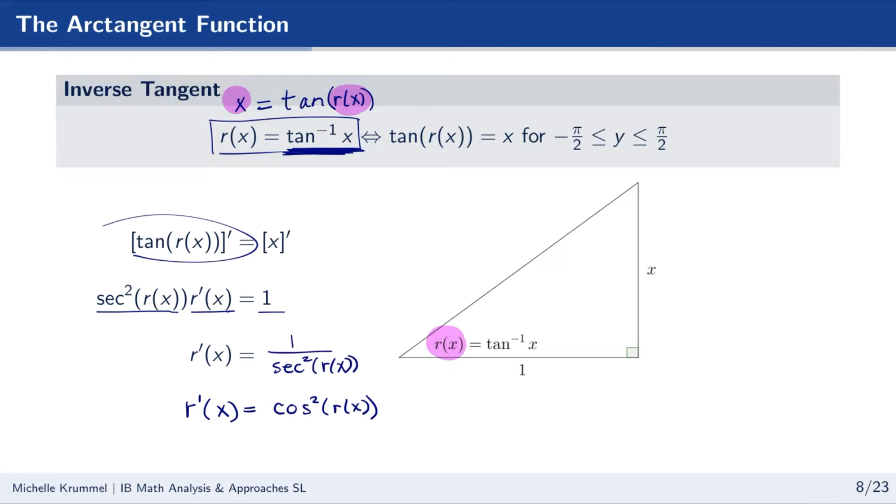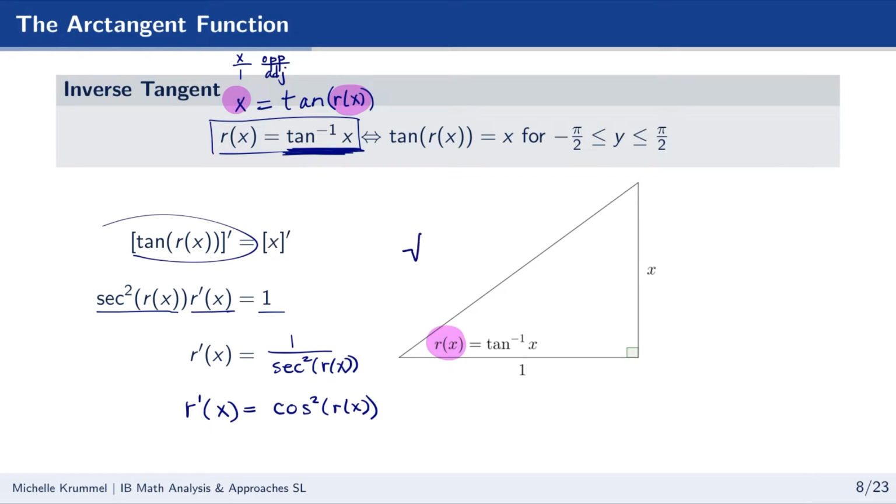And then the tangent of r is equal to x. And again, if we think of that as x over 1, we get this ratio. And we know tangent is equal to the opposite side length over the adjacent side length. So I'm going to label the side opposite r of x as x, and the side adjacent to r of x as 1. And now using the Pythagorean theorem, we can get the hypotenuse.